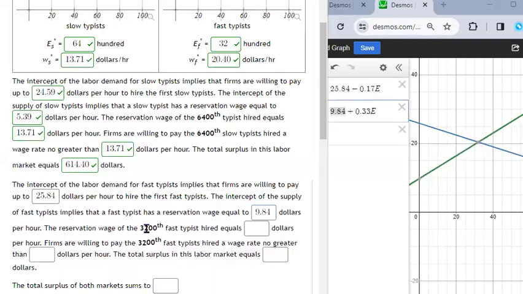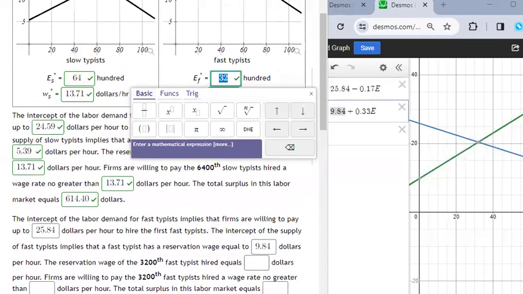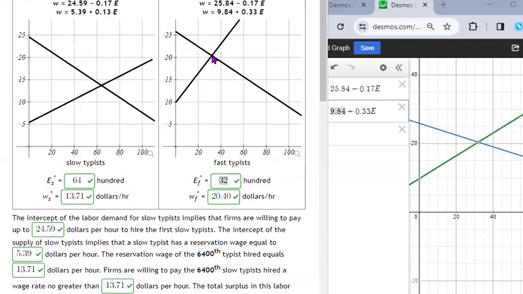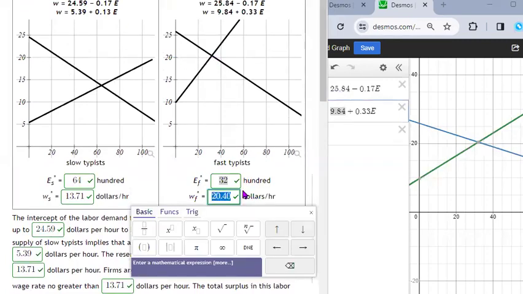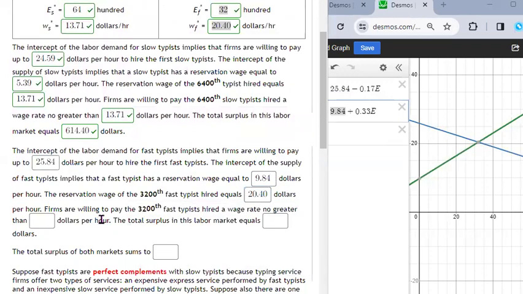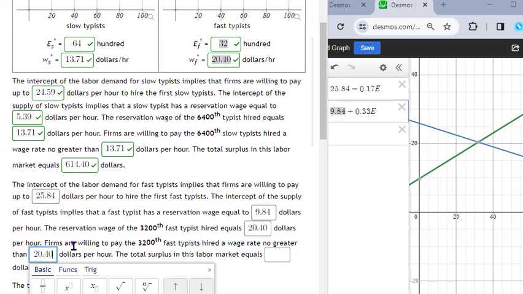The reservation wage of the last fast typist, the 3,200th typist, is the market wage, $20.40. Firms will want to pay that last fast typist a wage no greater than the market wage, right?